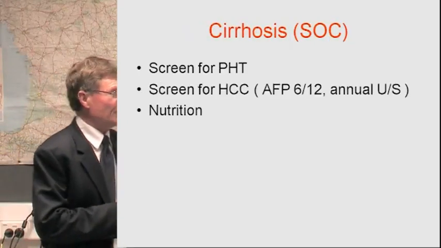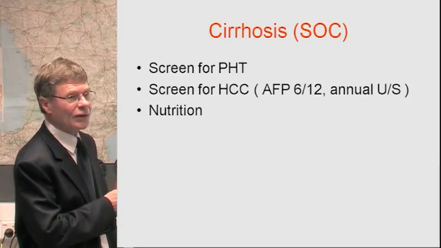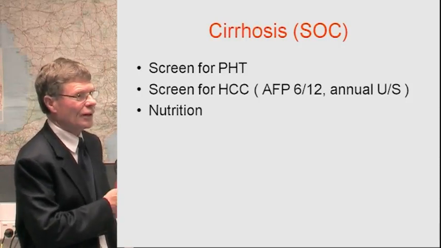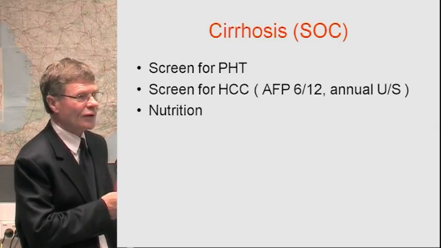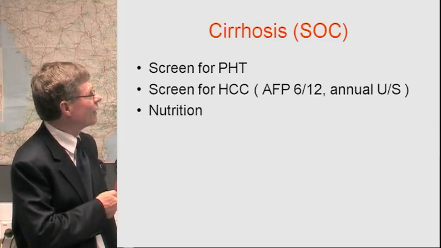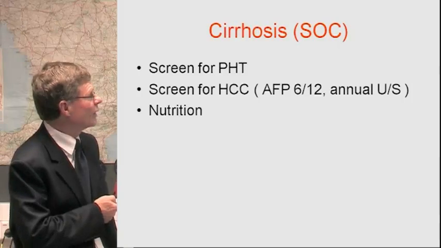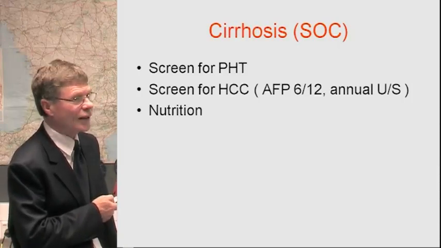So if you fail treatment and you've got cirrhosis, we still have to screen for portal hypertension. That applies to whatever your cause of cirrhosis is, because you need an endoscopy to look for varices, and you go on a non-selective beta blocker like nadolol or propranolol, and you need an ultrasound annually, an alpha-fetoprotein 6 monthly to look for evidence of HCC or hepatocellular cancer.